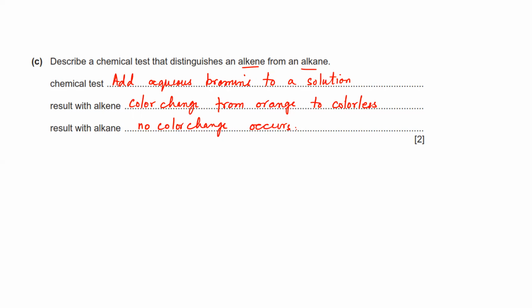So with alkene, the aqueous bromine becomes colorless or loses its color, whereas there is no color change with the alkanes. This is a simple test in the literature, and it basically tests for saturated or unsaturated compounds.